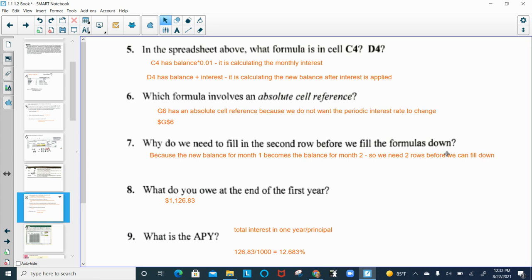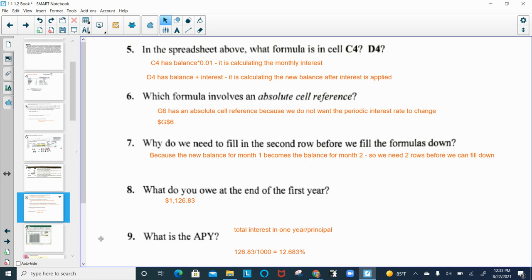So in that first couple of calculations, your first and second month, you need that to demonstrate what we call a recursive relationship, where the new one is dependent on the one before it. So we needed both of those particular rows before we can fill down.